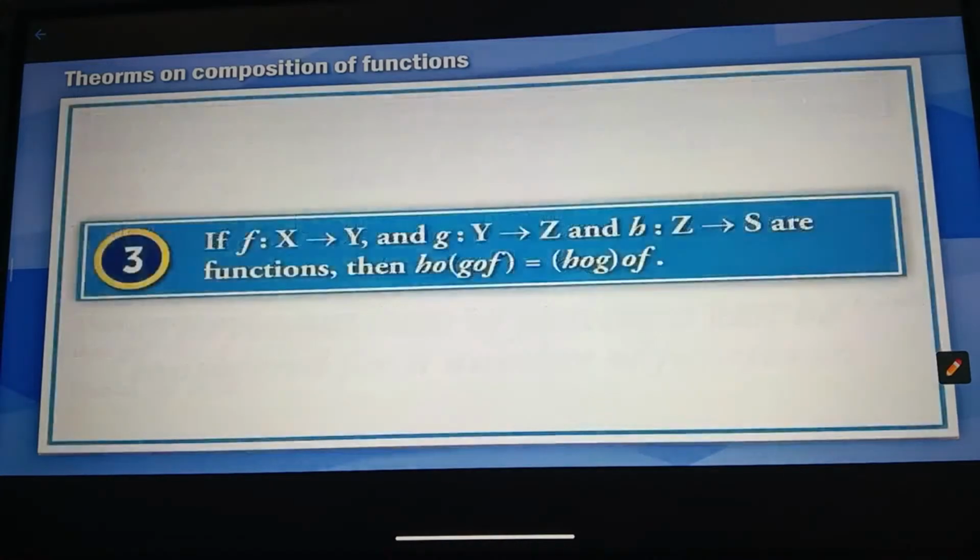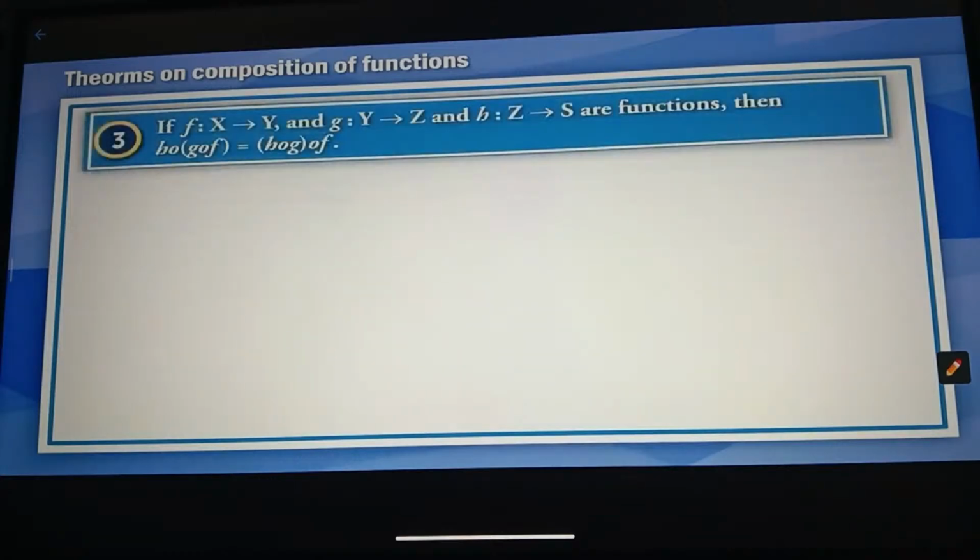If f is a function defined from X to Y, g is a function defined from Y to Z, and h is a function defined from Z to X, then the composition of functions satisfies the associative property.